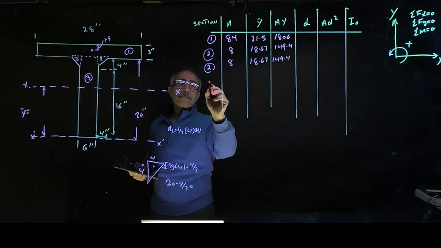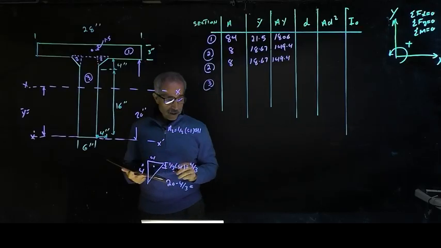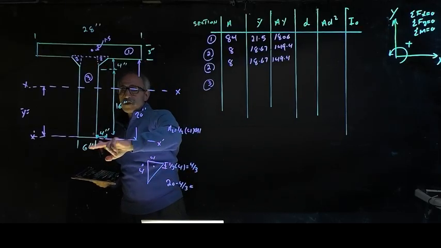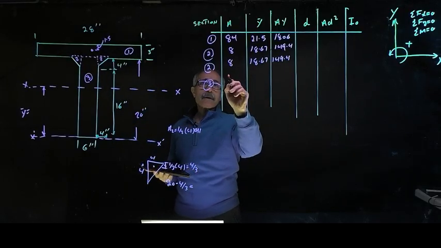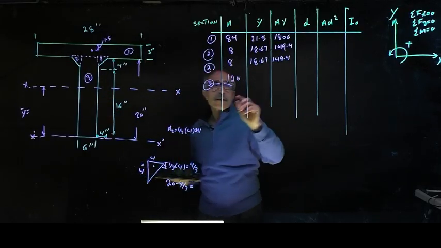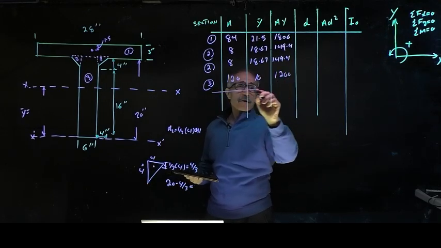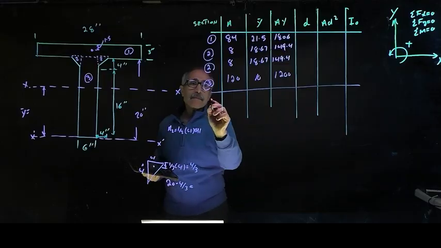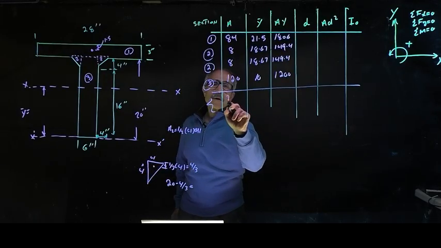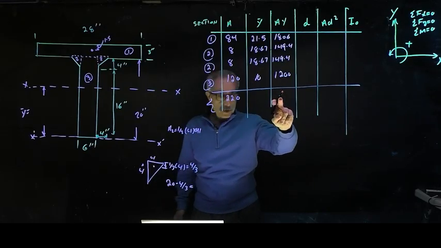Shape number 3, we have 20 inch by 6 inch, so it's 120. The middle of this is 10 inch, and 10 times 120 is 1200. So let's add all this up. The summation of all A is 220, and A times y comes out to be 3305.